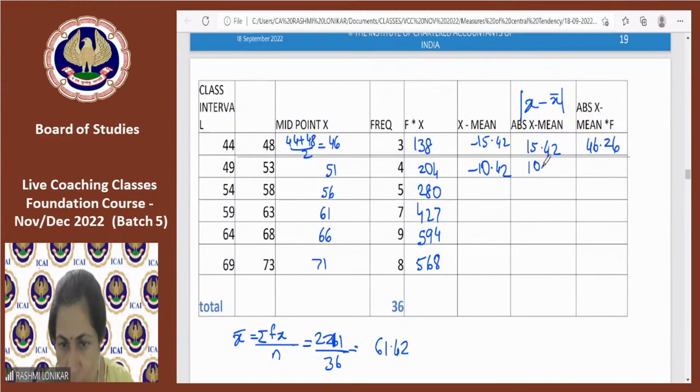This will be plus 10.42 into 4. It's 41.68. 56 minus 61.42, that is minus 5.42. This is plus 5.42 into 5.